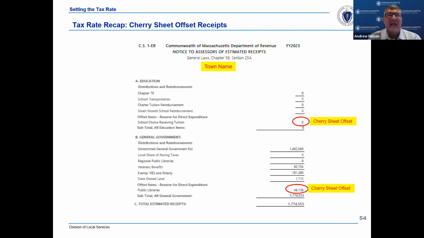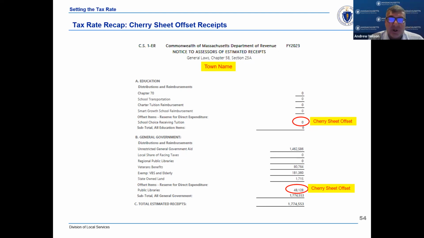So now we have the cherry sheet offsets. This is the revenue side of the cherry sheets. This community is getting $1.7 million in state aid from the cherry sheets. As you see, 48,128 of that is public libraries. That's the one I mentioned earlier. School choice is a common one, but this community does not have school choice.